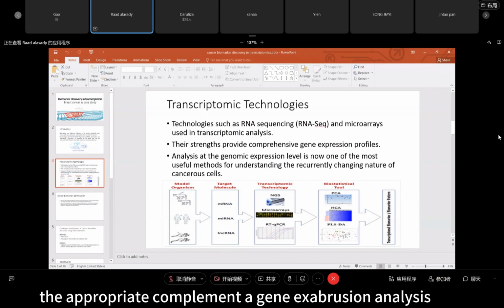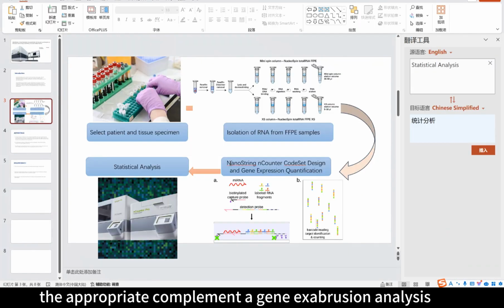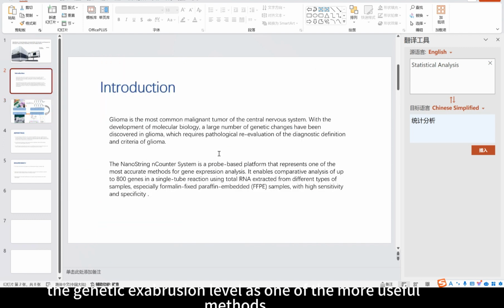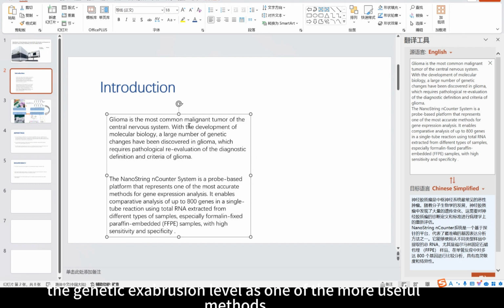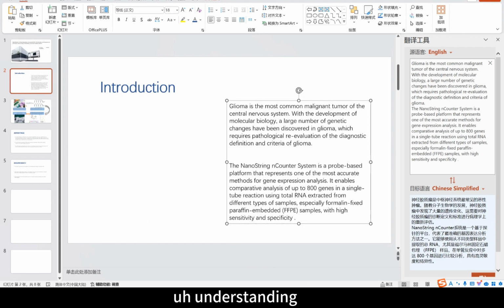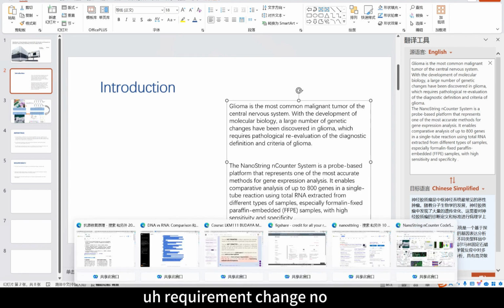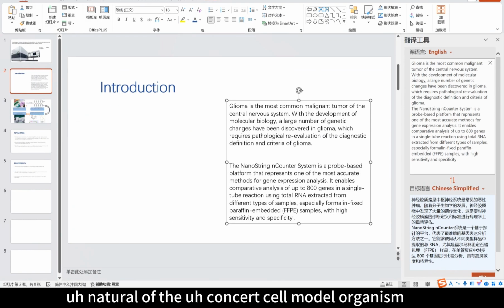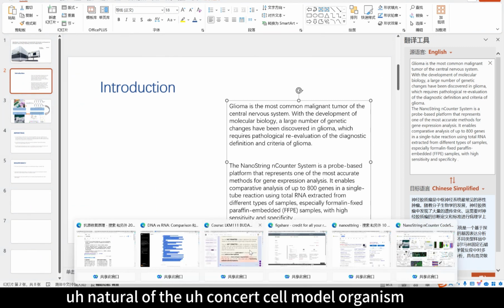Gene expression analysis, the genetic expression level, is one of the more useful methods for understanding the changing nature of the cancer cell.